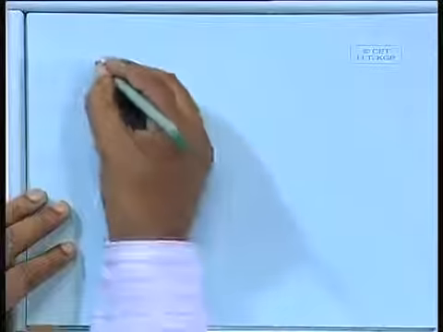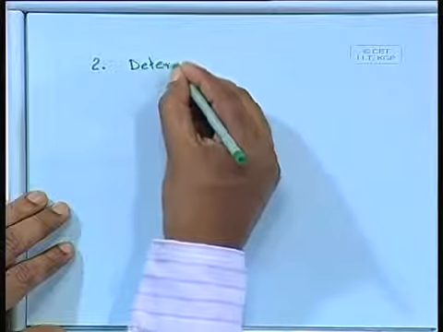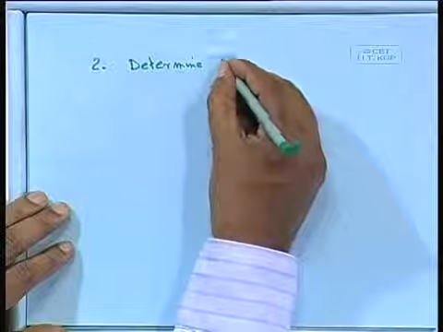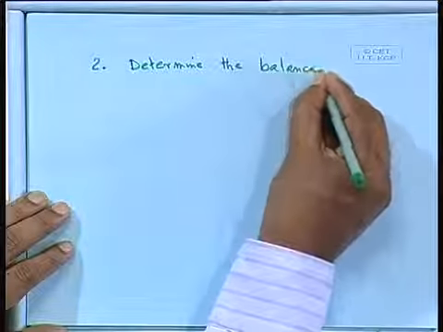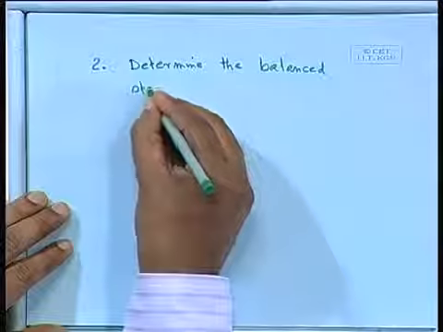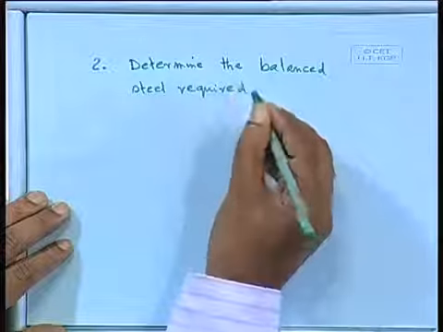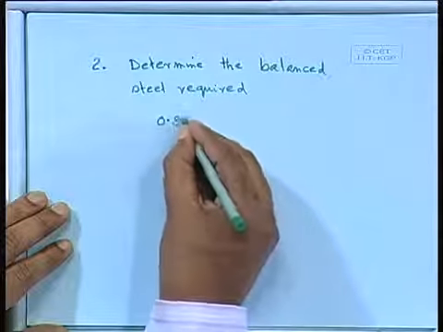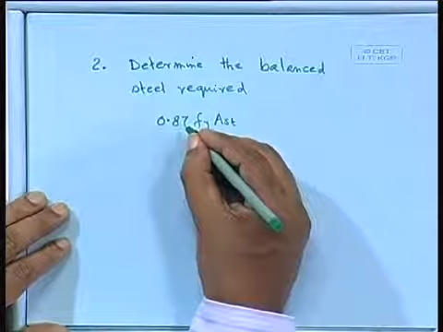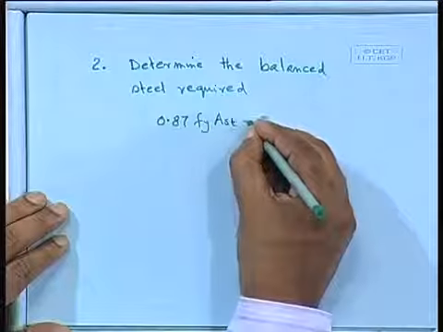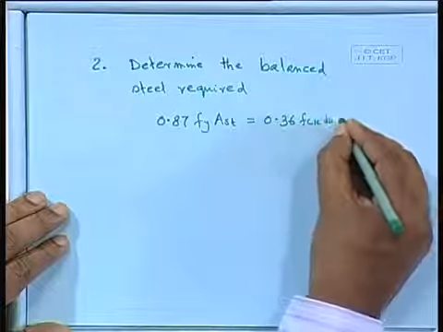Step 2, determine the balance steel required. We shall use the formula that 0.87 fy Ast, the steel also having reached the maximum stress, equals 0.36 fck b xu.